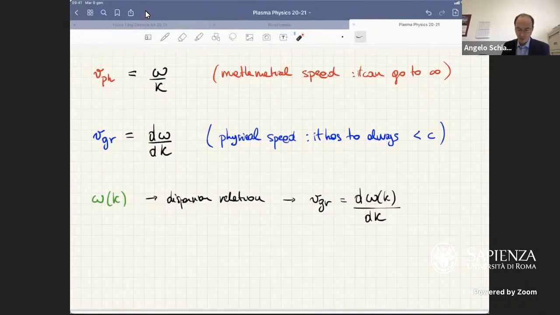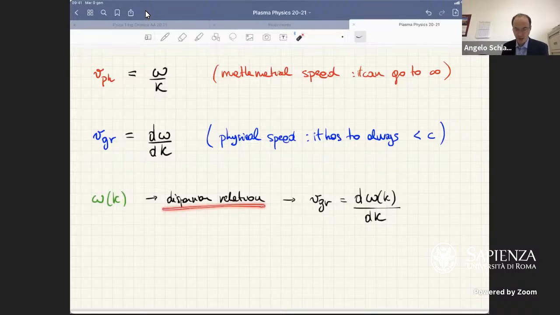And then we look for a relation that tells us, for any k, the corresponding omega, in order for omega and k to represent the solution to the wave equation. And this is called the dispersion relation.